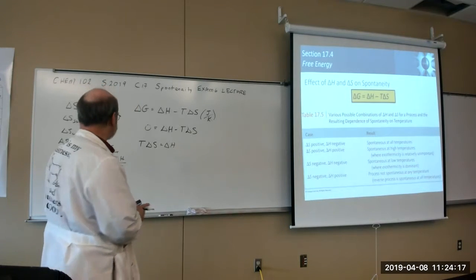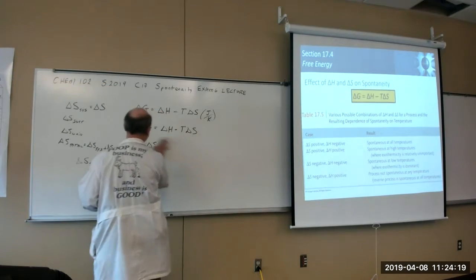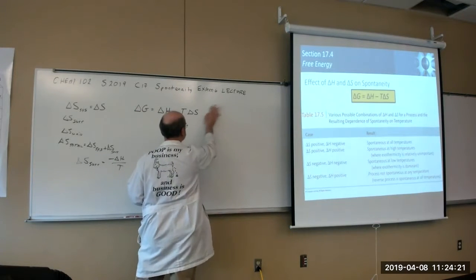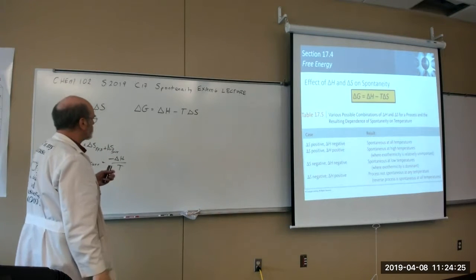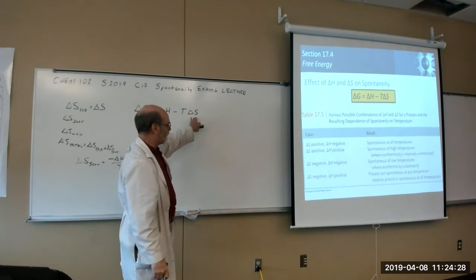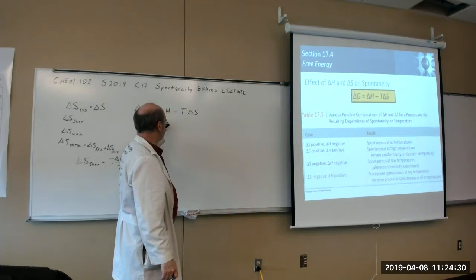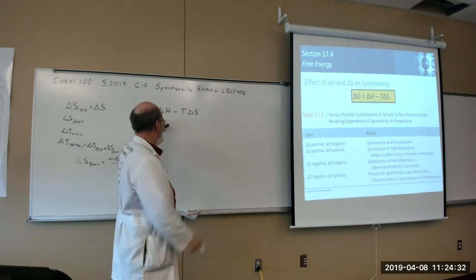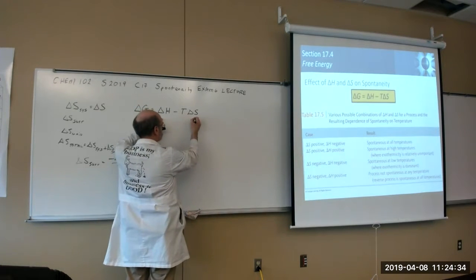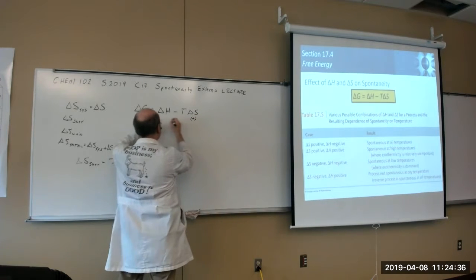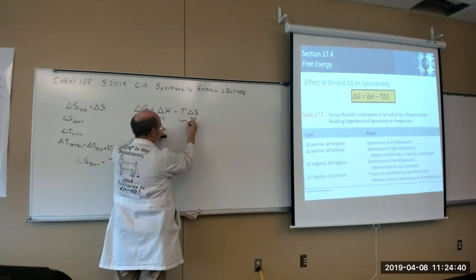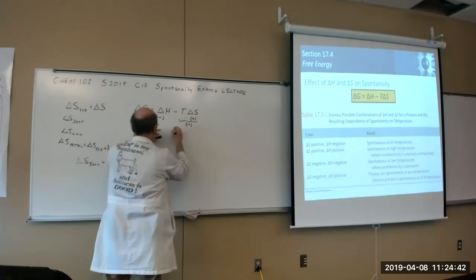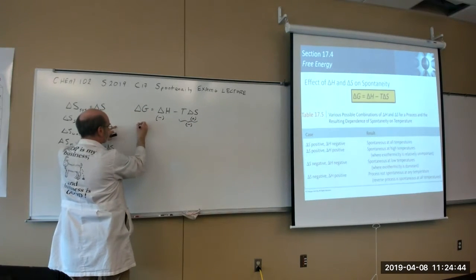Okay, so let's take Gibbs' equation and look at various conditions. If this is positive and that's negative, so if this is positive and this is negative, that means this term is negative, and that means delta G is negative.